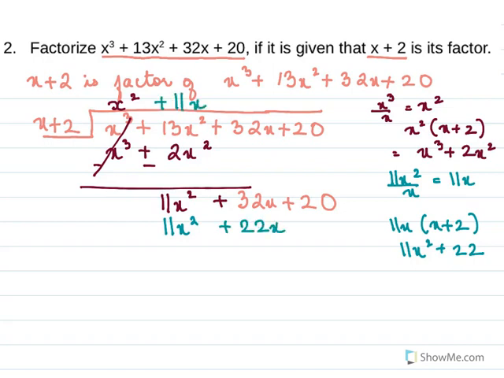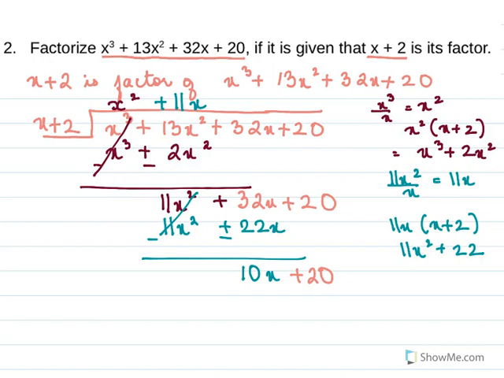Change the sign. We cancel. On subtraction, we'll now get plus 10x. And then we bring down 20, plus 20.